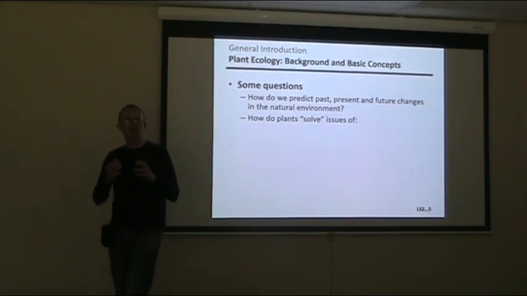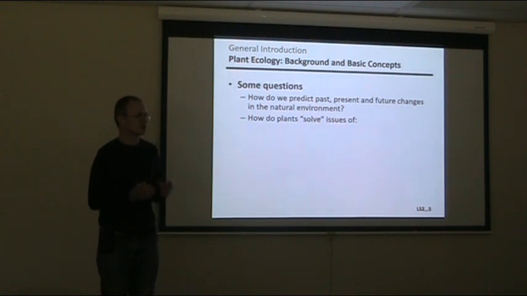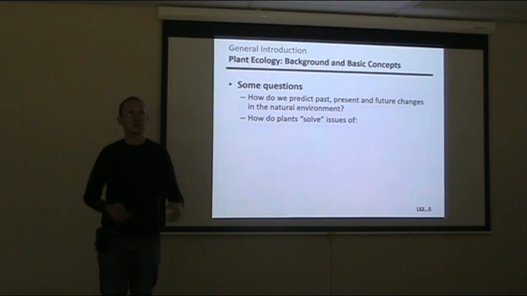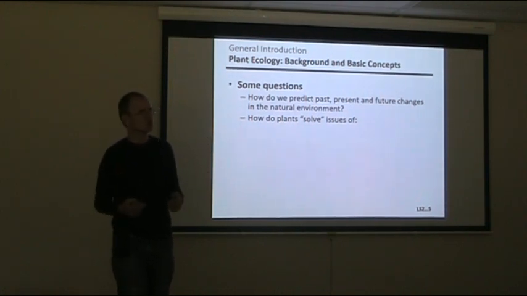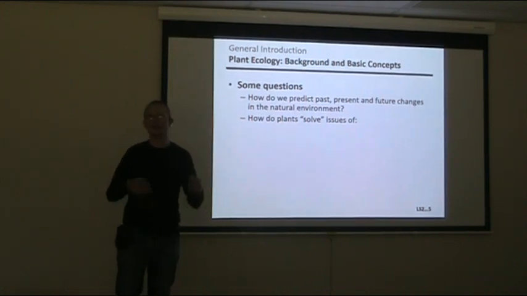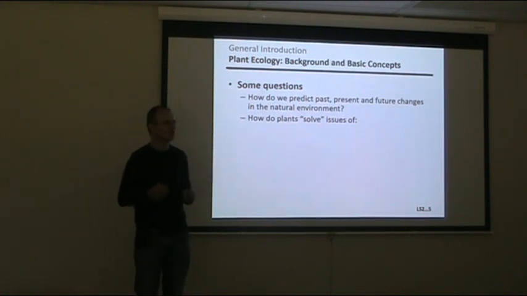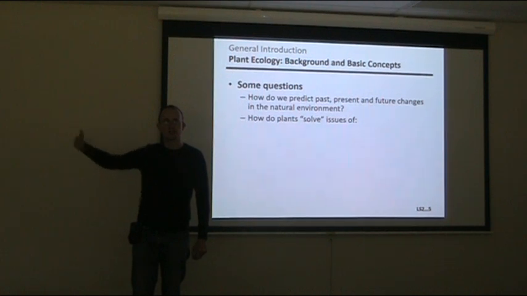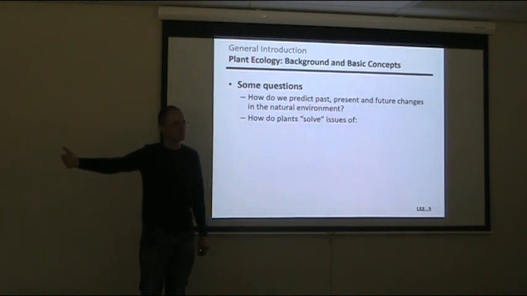plants have to solve issues of environmental change. Animals can get up and move. If there's an expanding ice sheet, or if it's becoming drier, animals can migrate fairly easily. Plants can only migrate across generations, by seed.